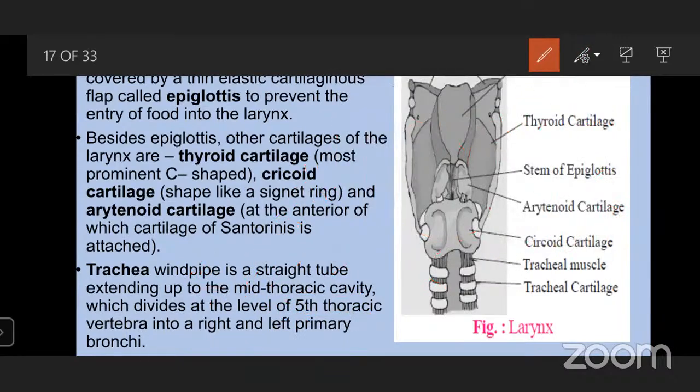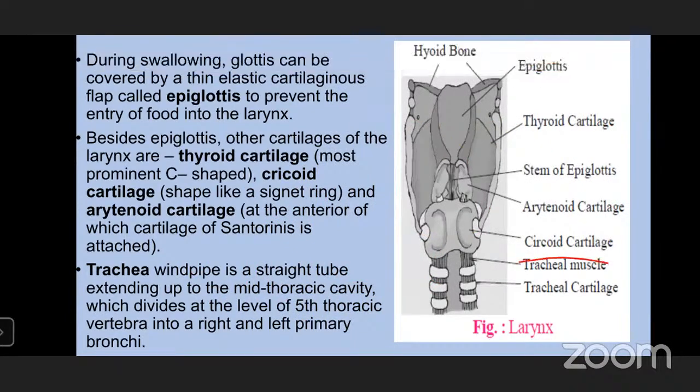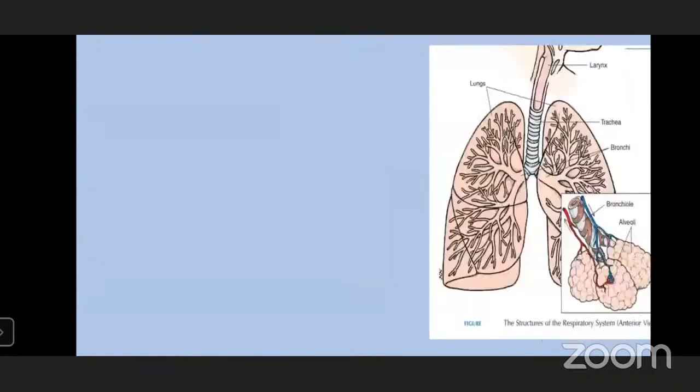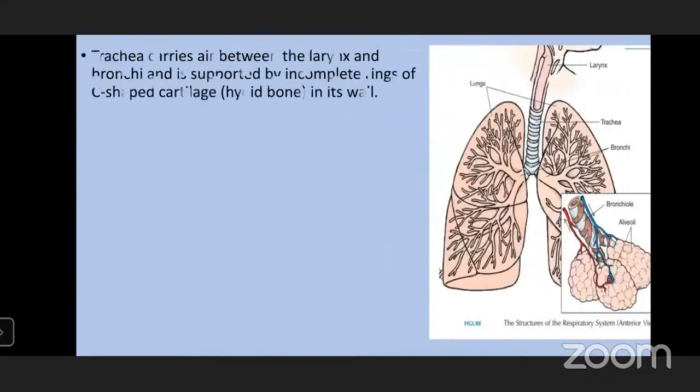It is made up of C-shaped cartilage. Why is it made up of C-shaped cartilage? To prevent the collapsing of the trachea when there is no air. Now, the trachea, here you can see, this is the larynx, then the trachea, and at the fifth thoracic vertebrae it divides into two, that is left and right primary bronchi.